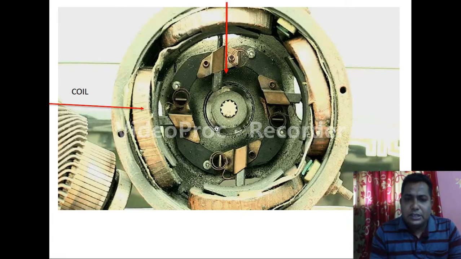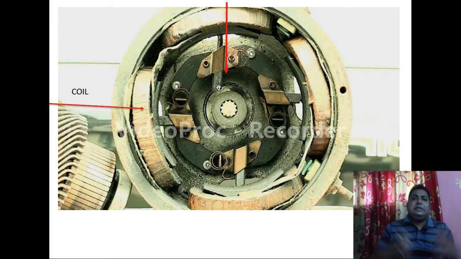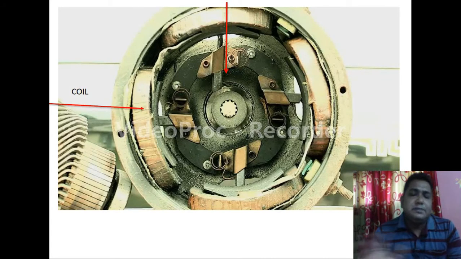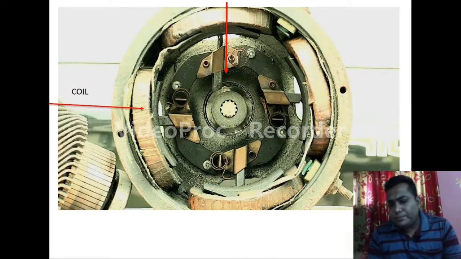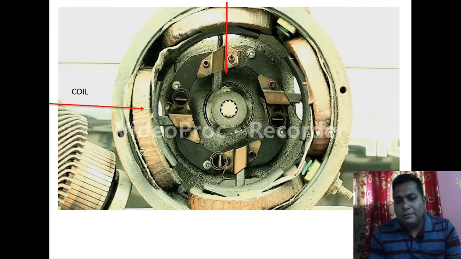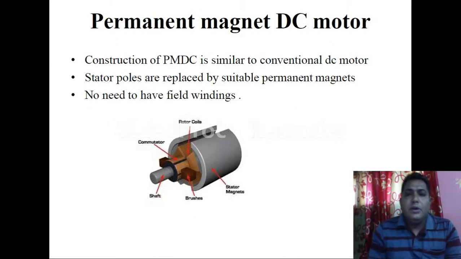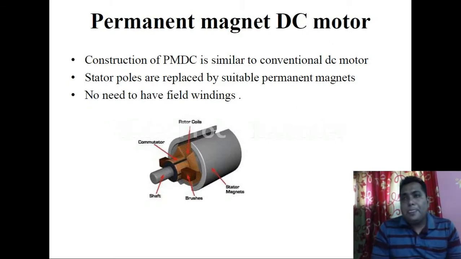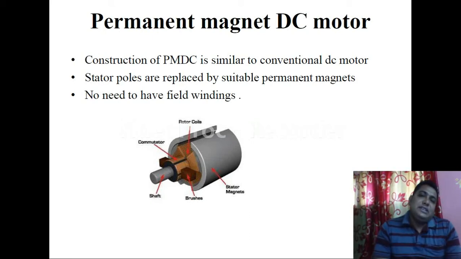This outer section is the commutator, and the brushes are connected with it. The brushes collect whatever current is flowing and make it unidirectional, so that the output may be DC. Now the permanent magnet DC motor is a little modification of this conventional DC motor.